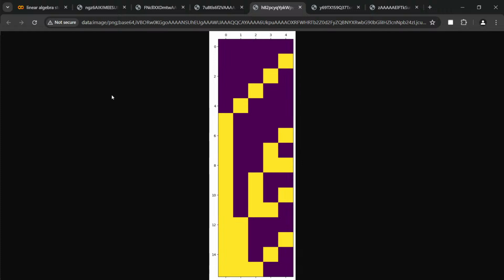Okay, well, so each column is always split. You know, like this column has like 5 purples and 11.